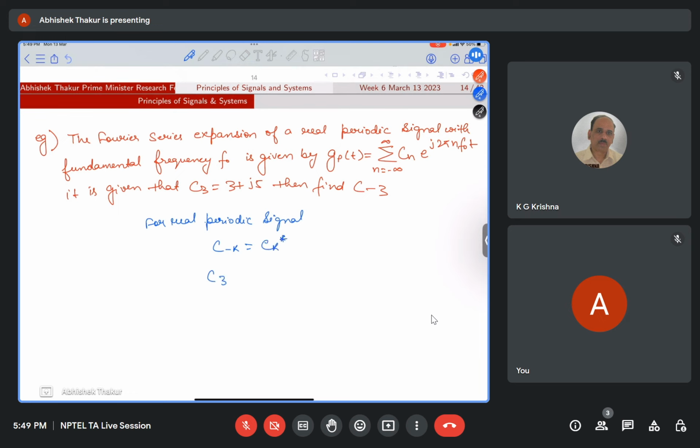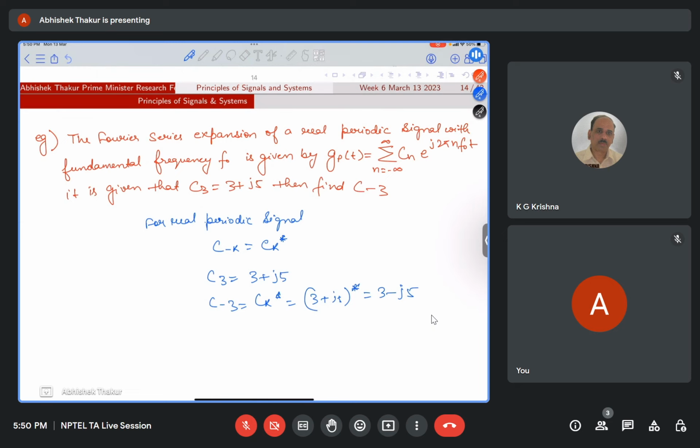Here C3 is given as 3 plus j5, so we have to find C of minus 3, that is the conjugate of 3 plus j5, which is equal to 3 minus j5. So these are simple questions. If we remember all the properties and other things, it will be very easy to solve such questions.